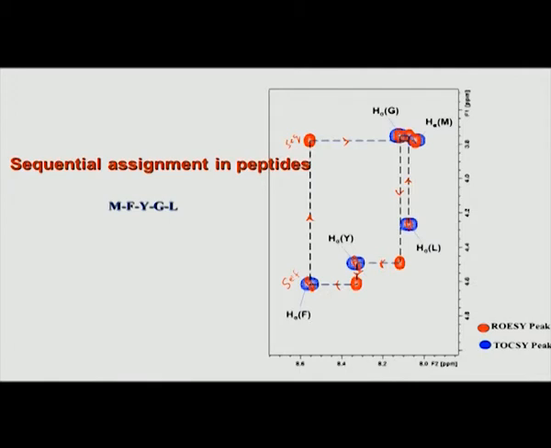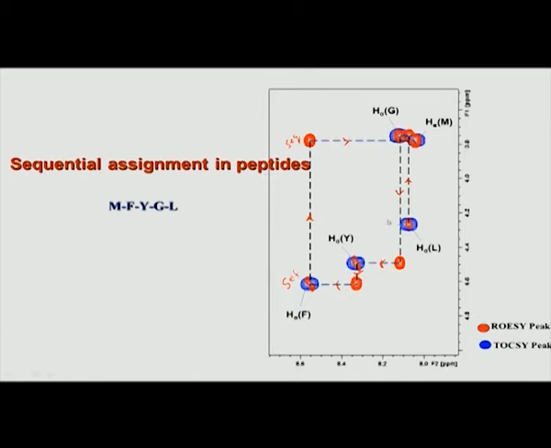This is done systematically by taking tripeptides GXG, where X is the amino acid we are interested in, and these values are stored in databases. There are several databases where you can find the random coil values of each amino acid.